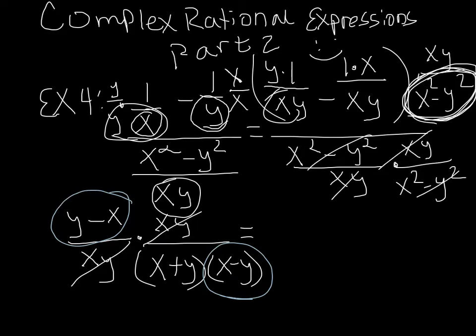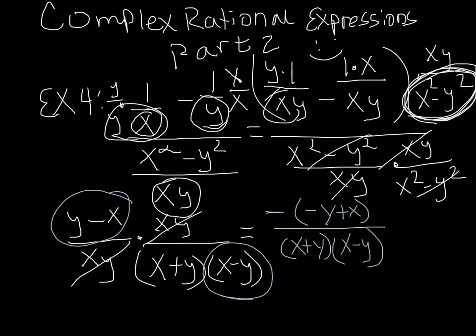If you think about factoring out a negative on the top, that would leave me with minus y plus x, and then on the bottom I would have an x plus y times an x minus y.